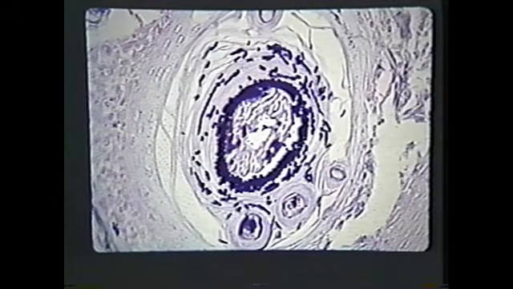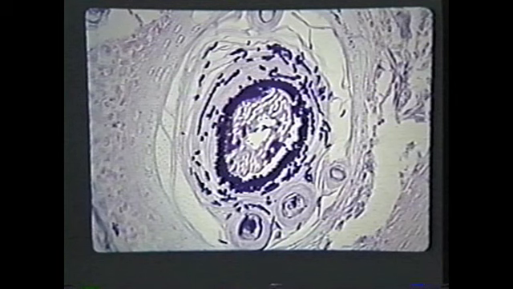A rat with two circumscribed scaling lesions on the skin, and certainly a number one candidate here would be dermatophyte infection. Another possibility, of course, would be ectoparasite infestation. This was an example of ringworm, a dermatophyte infection, and the causative agent was Trichophyton.